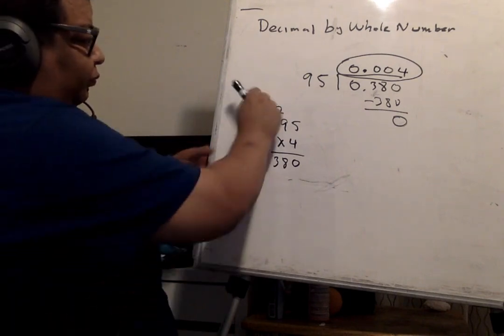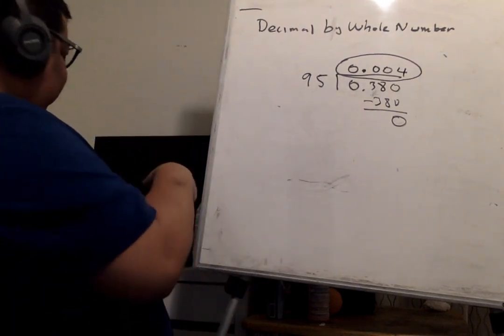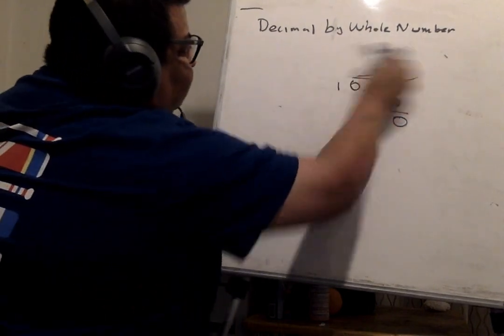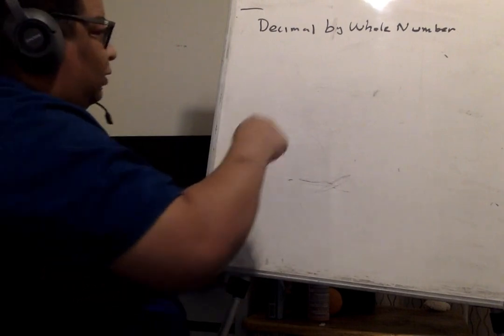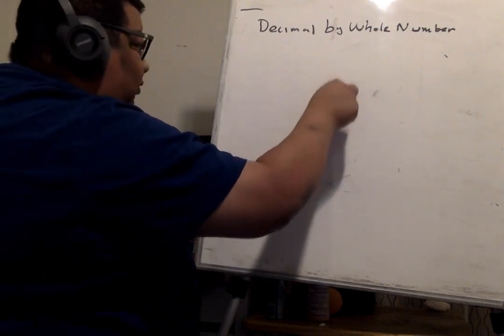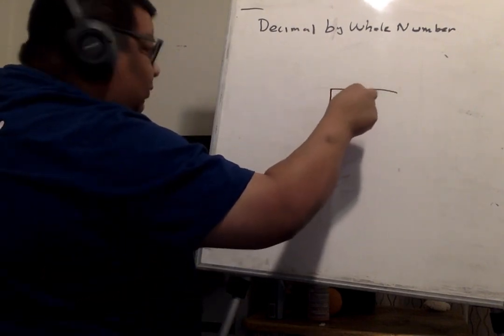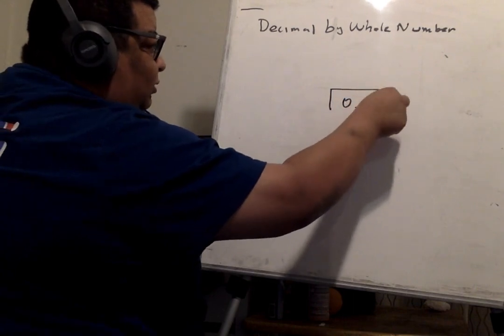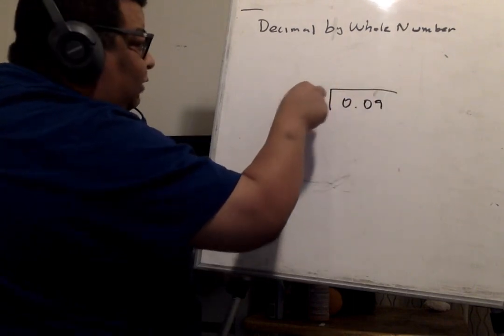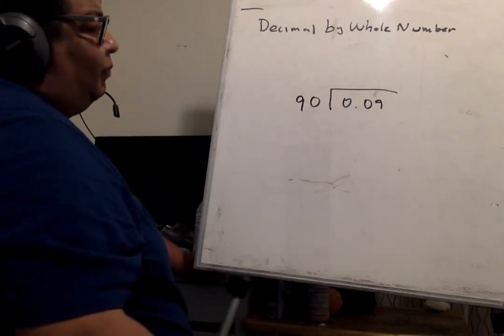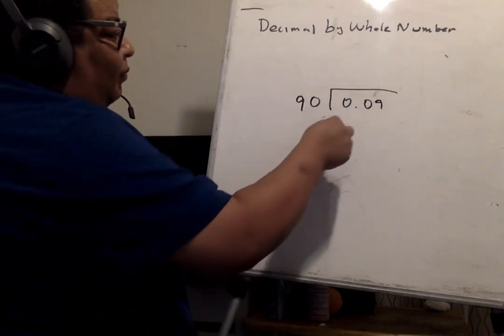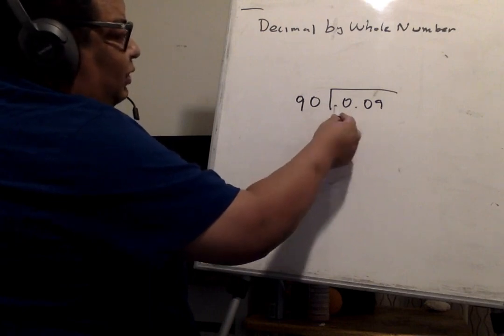Let's look at one last example. Let's see, we have 0.09 divided by 90. So how do we do it? Okay, let's look.